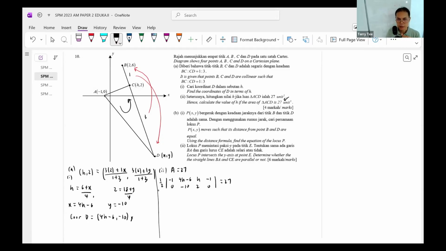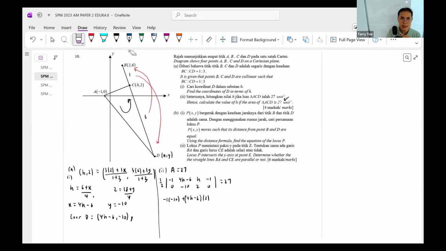Now, let me times the half over. This one you times it. Guys, you need to show your working. This one you cannot write minus 1 times minus 10, write 10 straight away. You write minus 1 times minus 10, then 4h minus 6 times 2. We can actually remove the modulus because I'm taking anti-clockwise, so I don't have to put plus minus.